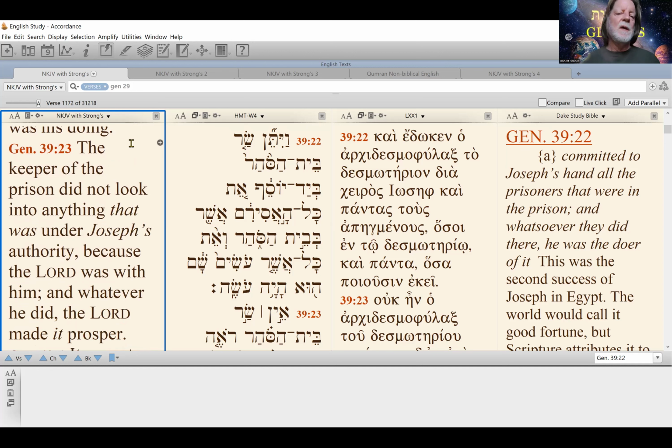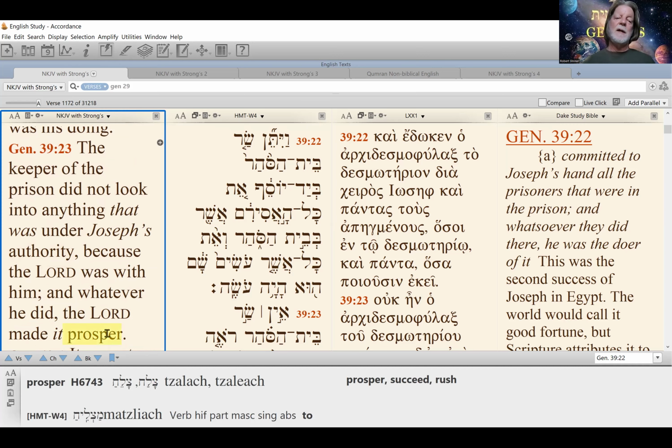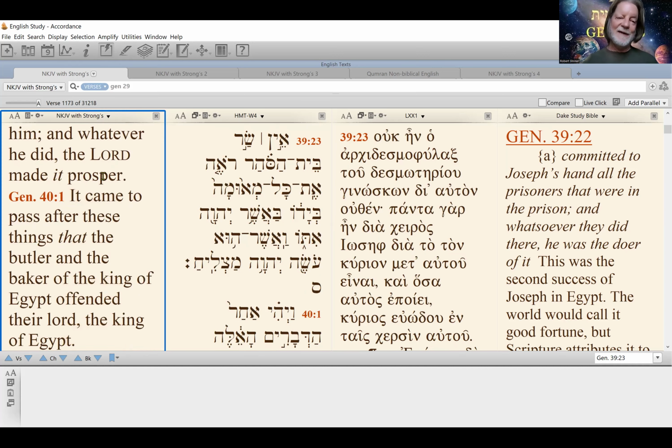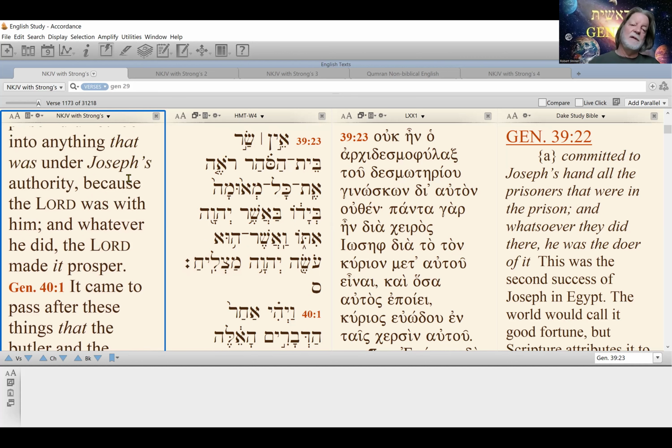Verse 23. The keeper of the prison did not look into anything that was under Joseph's authority. Who else hadn't done that? Potiphar in his household. Because Adonai was with him, and whatever he did, Joseph did, Adonai made it prosper. Who had come to that conclusion before? Potiphar. Now, the Bible does this a lot.